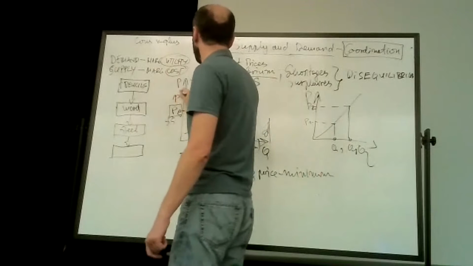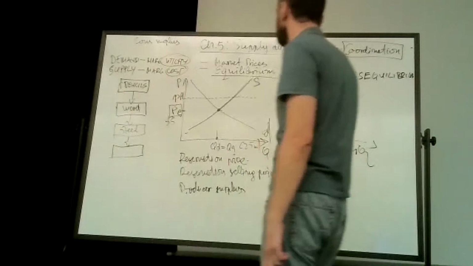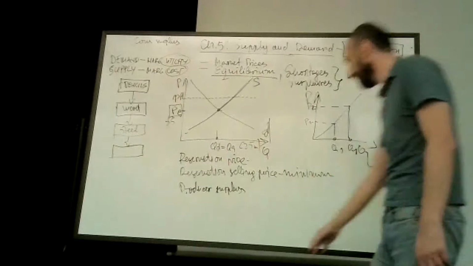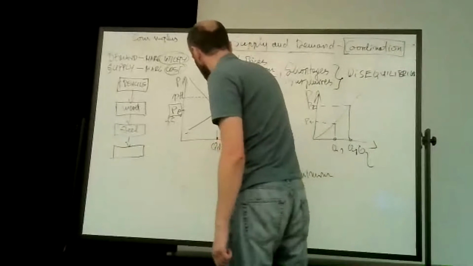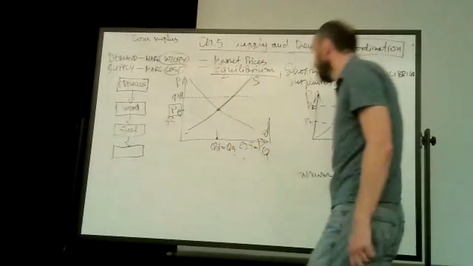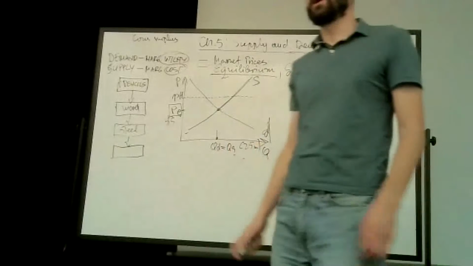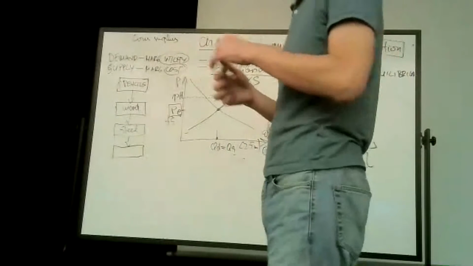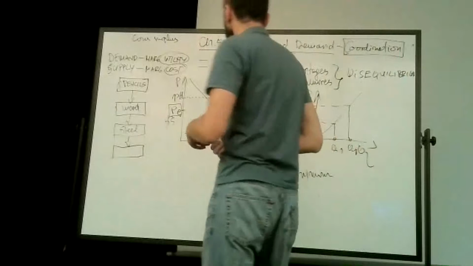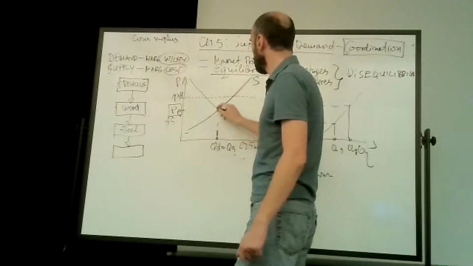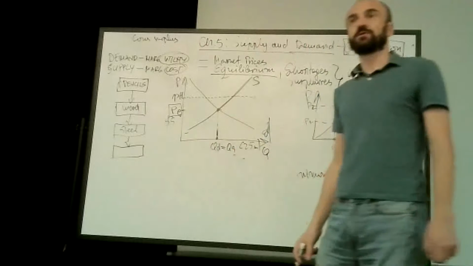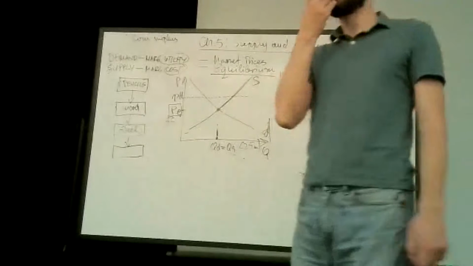So this is the new high price. What happens with the supply and demand? So in the equilibrium, quantity supplied will equal quantity demanded, of course.